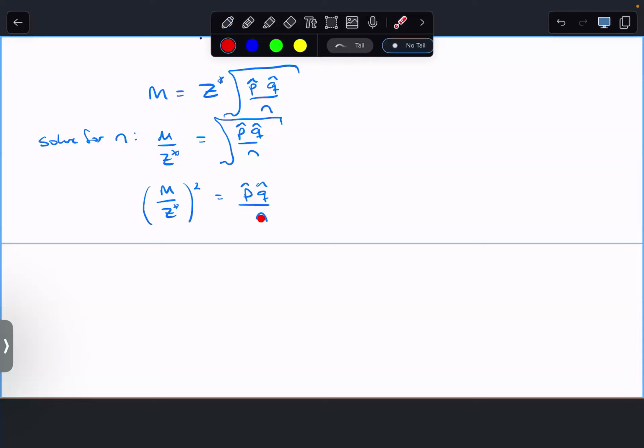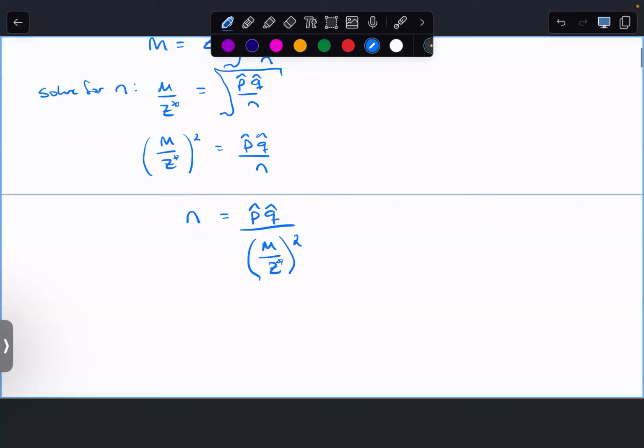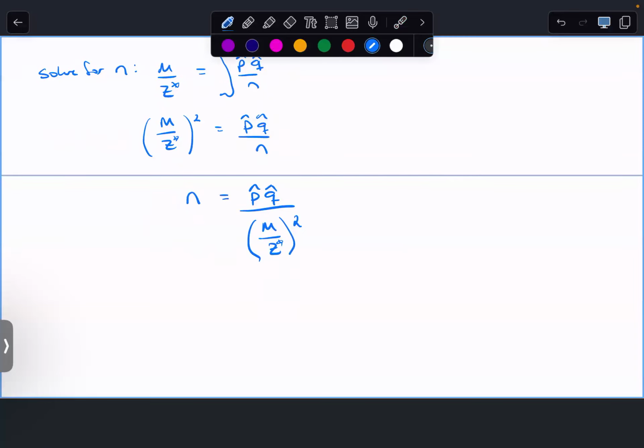Gonna do a little maneuver here. I'm gonna multiply by N, but then I'm also going to divide both sides by M over Z star squared. And so then I get N is P hat Q hat divided by M divided by Z star squared. It's technically a fraction over a fraction.